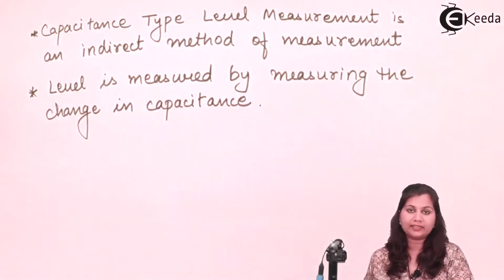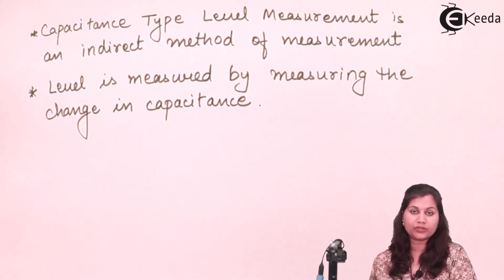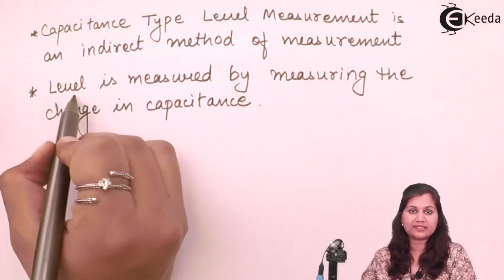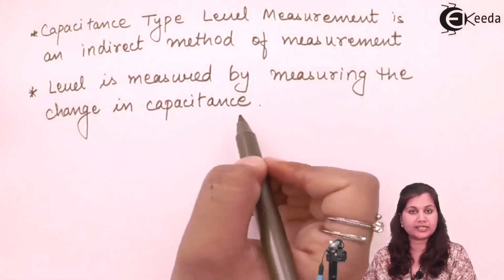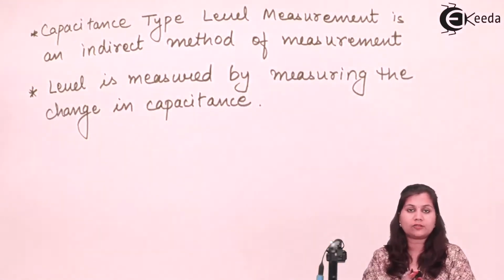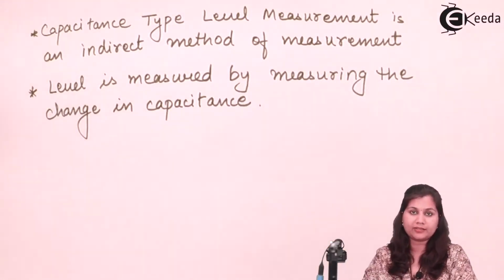So we can say that it is also a type of transducer which is converting the non-electrical quantity into an electrical quantity. The non-electrical quantity is the level and the electrical quantity is the capacitance. So change in level is causing the change in the capacitance of the instrument.